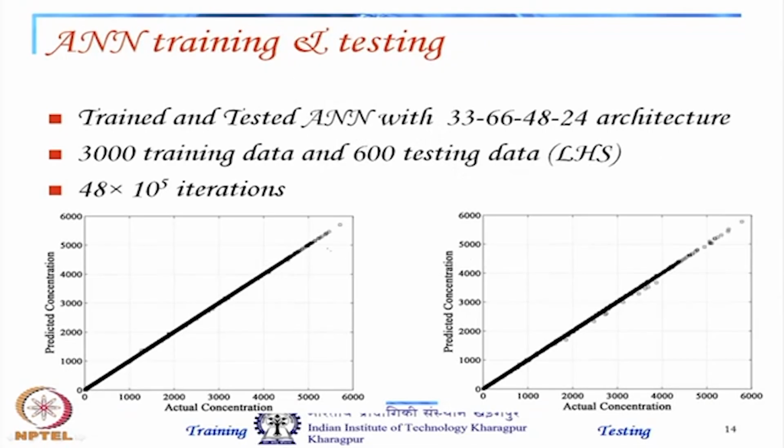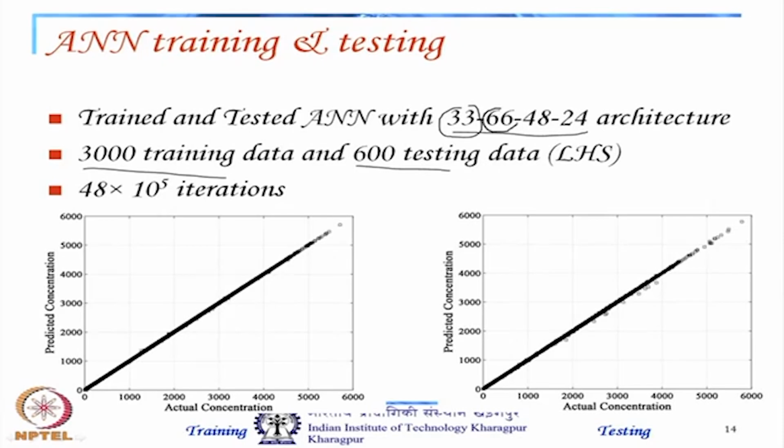So, these many iterations are required for the testing part, and the 3000 training data set was used and 600 testing data set, and this was the architecture, 33 inputs.